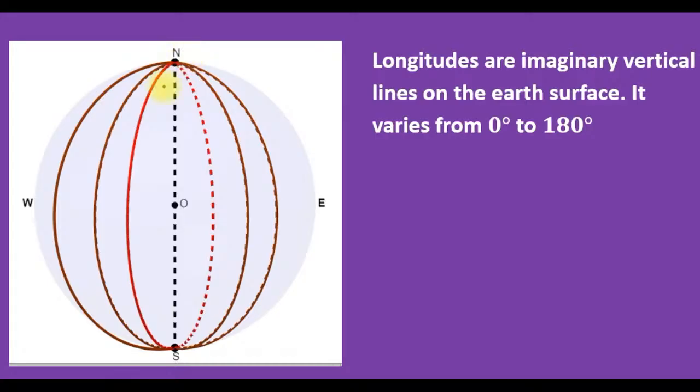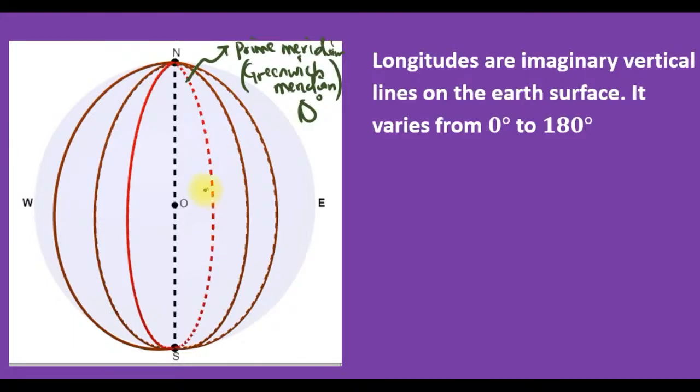Let's use this red one. This is called the prime meridian. You can also call it the Greenwich meridian. So that's longitude 0 degrees. It increases.